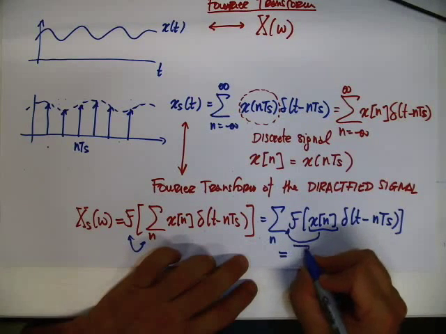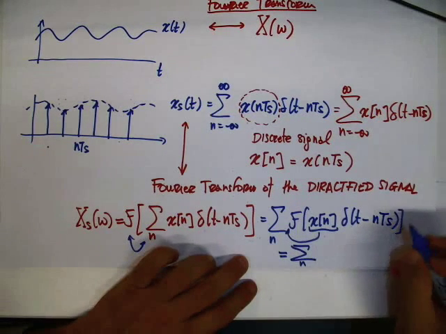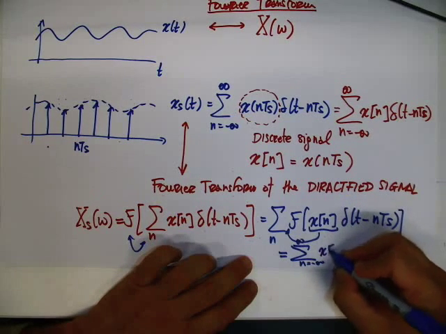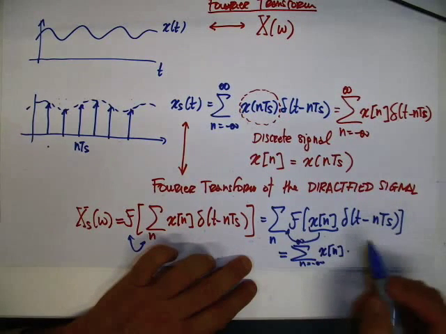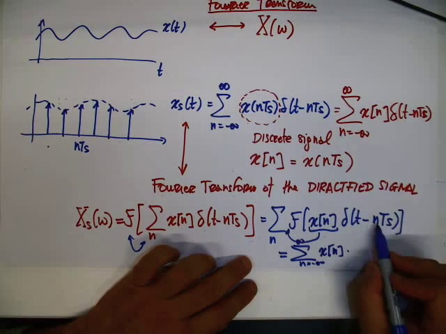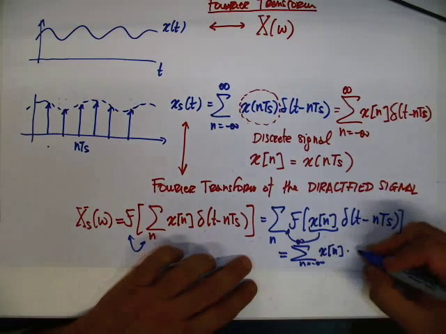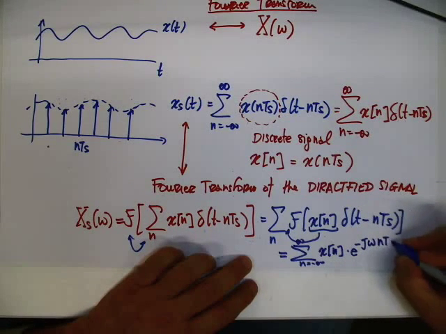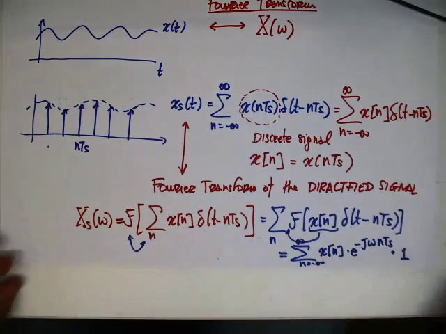And then we have the sum over n from minus infinity to infinity of x sub n times the Fourier transform of a delta shifted by nts. But this is equal to e to the minus j omega nts times 1.